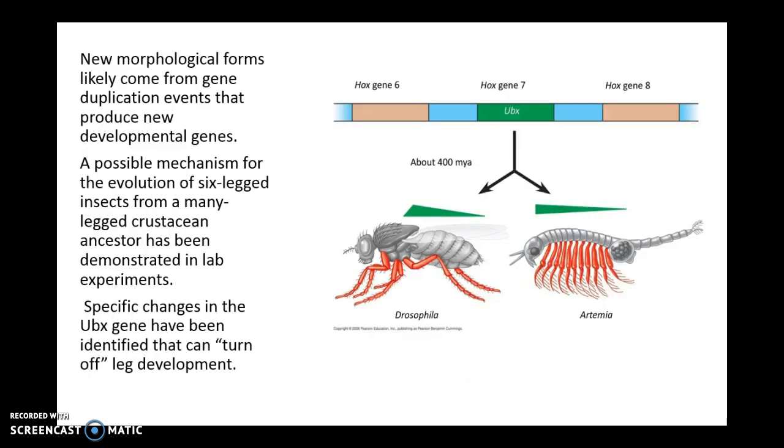And then as I said, new forms are likely from the duplication of genes that produce new developmental genes, so duplication of one of these Hox genes that allow the fly to go from multiple feet into just the number that we see.